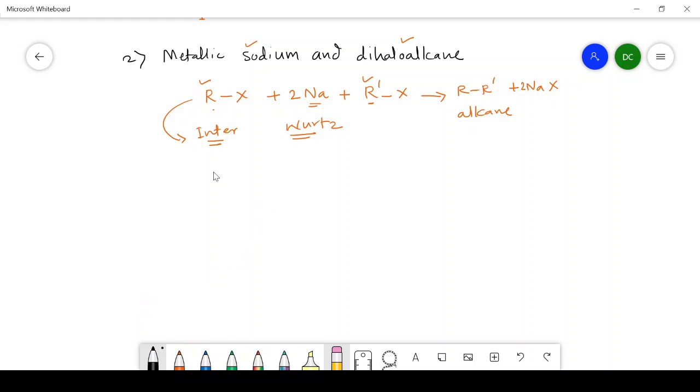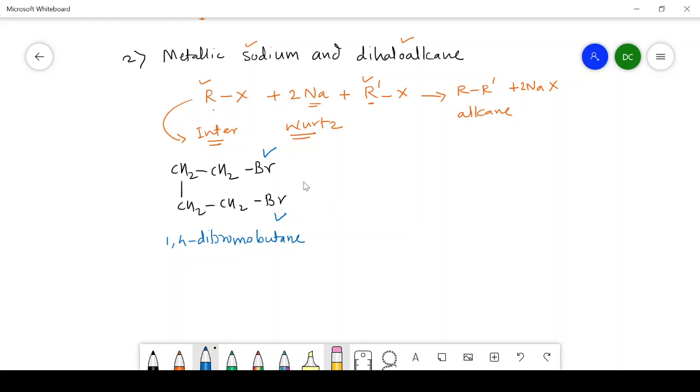The example I will take here: CH2Br, CH2, CH2, CH2Br. This is only one molecule, but it has two halogen groups at the terminal carbons. So it is a dihaloalkane, and the name of this dihaloalkane is 1,4-dibromobutane.